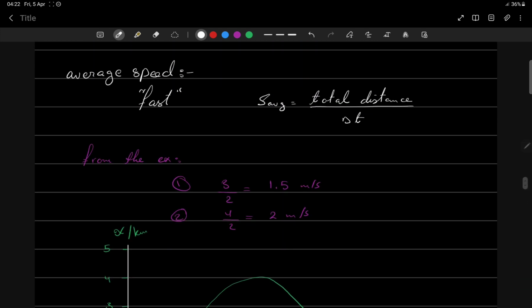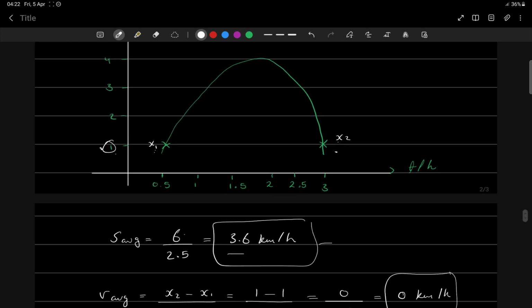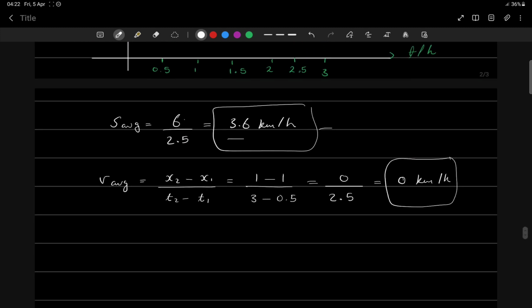But in most movements, whether in 2 dimensions or 3 dimensions, velocity is the one that is always used in physics, because velocity simply provides you with both the direction and the magnitude of the movement itself.